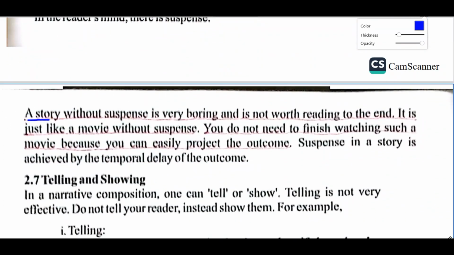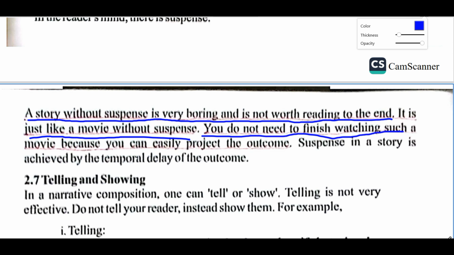A story without suspense is very boring and is not worth reading to the end. It is just like a movie without suspense. You do not need to finish watching such a movie because you can easily predict the outcome. Suspense is where you don't know what will come, you don't even know what the outcome would be.